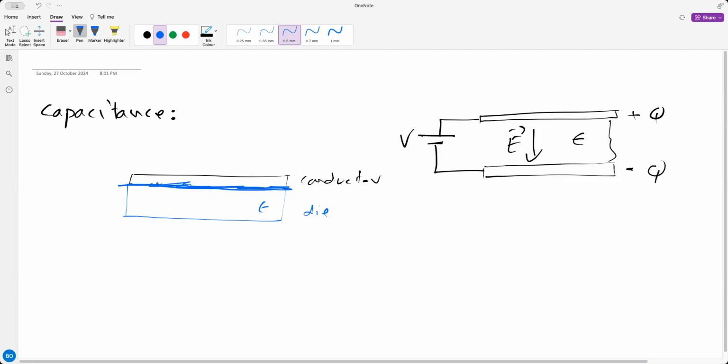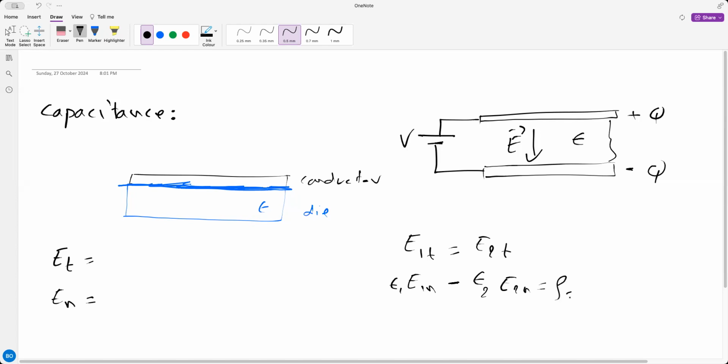What is the tangential electric field at the boundary, and what is the normal at the boundary? Remember, E1 tangential is equal to E2 tangential, and epsilon 1 E1n minus epsilon 2 E2n is equal to the surface charge density.